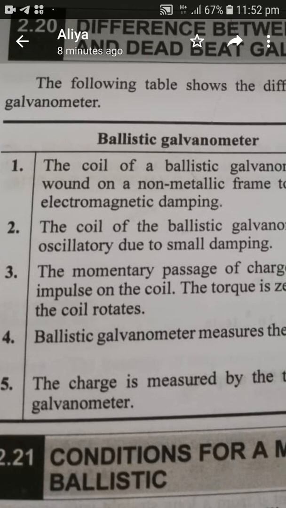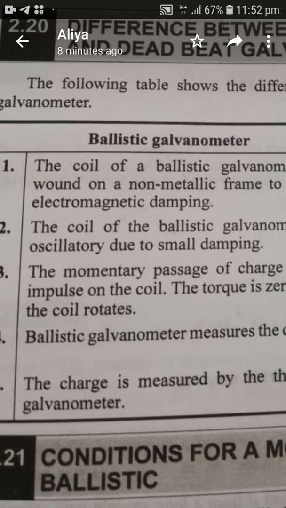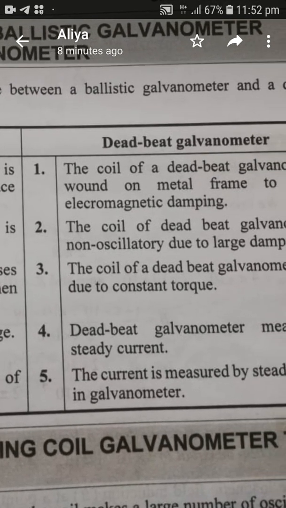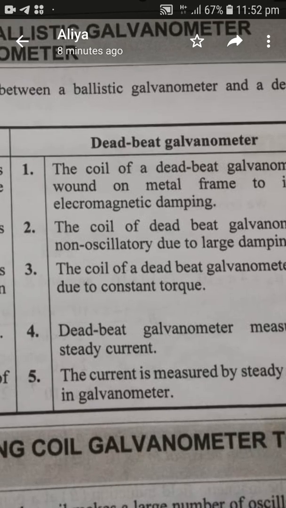Now, second point. The coil of the ballistic galvanometer is oscillatory due to small damping. Here damping is small, and because of that the coil is oscillatory. Whereas in the deadbeat galvanometer, the coil is non-oscillatory. Why?